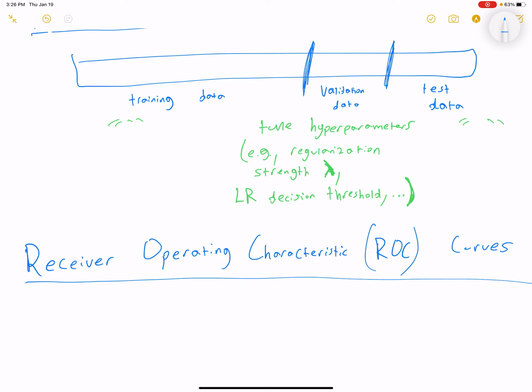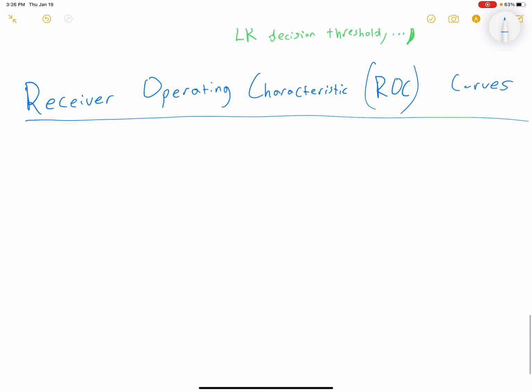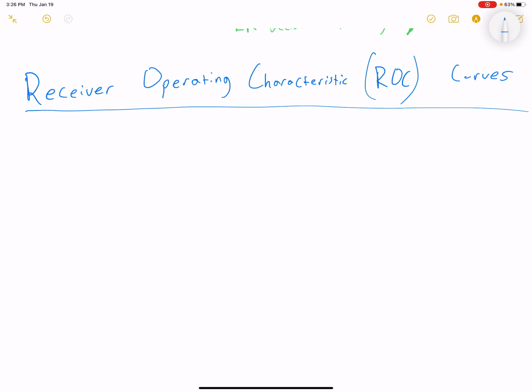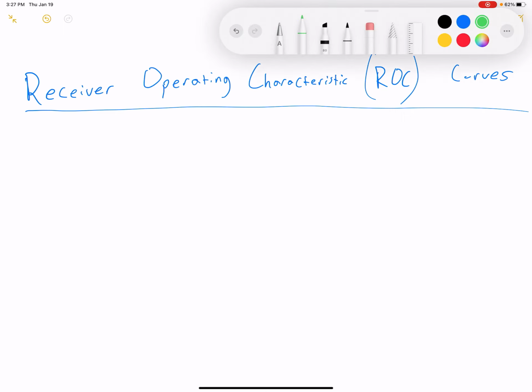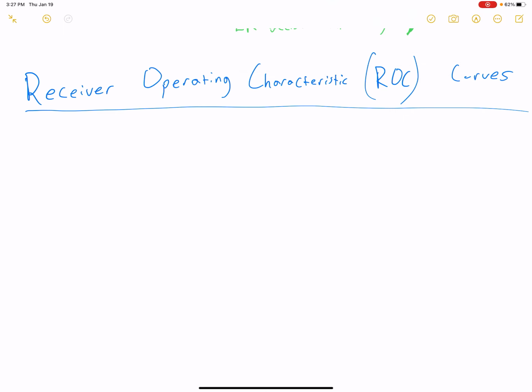And this is a very, very, very commonly used way to evaluate classification models in binary situations. So as we talked about before, we kind of had this decision last class that we'll just go with a logistic regression cutoff of 0.5.